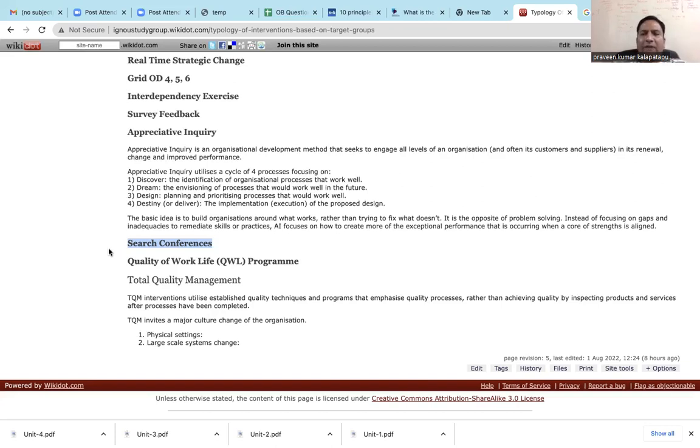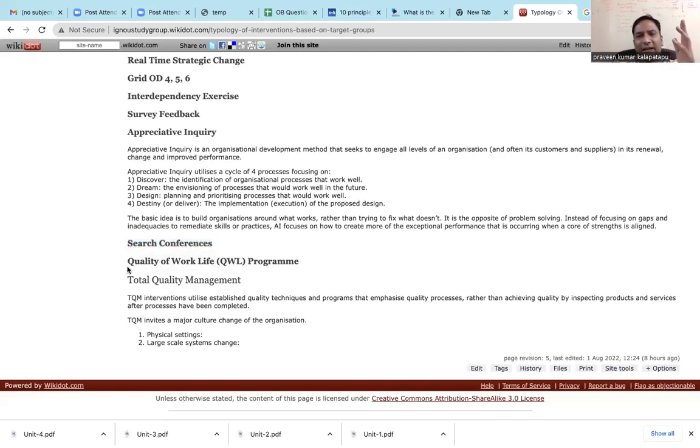Typically there would be a very broad agenda, not a very particular agenda, right? For example, an offsite could be as simple as, let's see what went well for our team and what we should do. It could be a unit which conducts this offsite with very broad agenda items and discusses them.